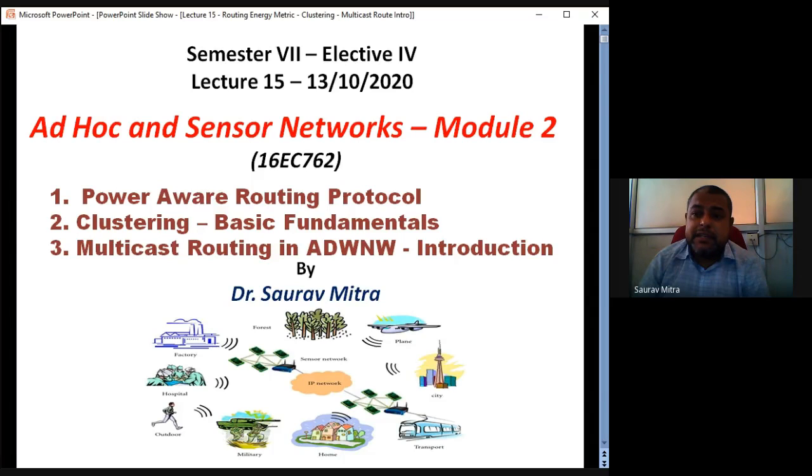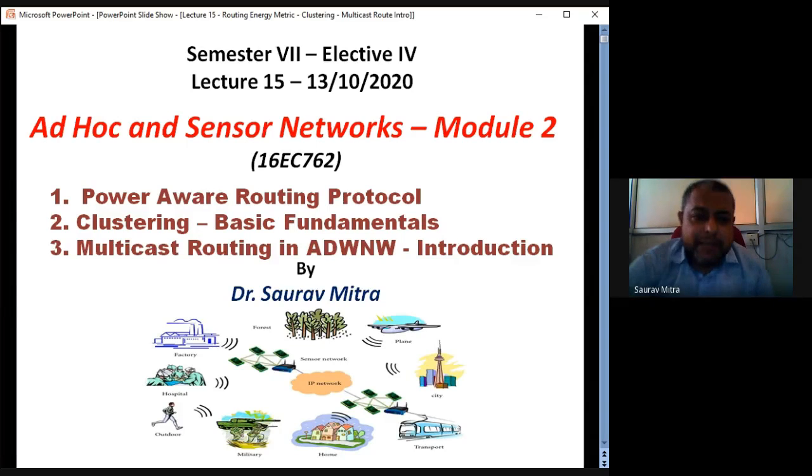Third problem in any ad hoc network is the energy or power. Power and energy are used in the same line here, so there is nothing to confuse as such. Energy in any sensor node is supplied by a battery in the sensor node, and that battery is not too big. That battery is actually small.